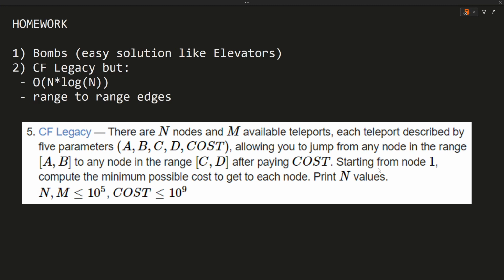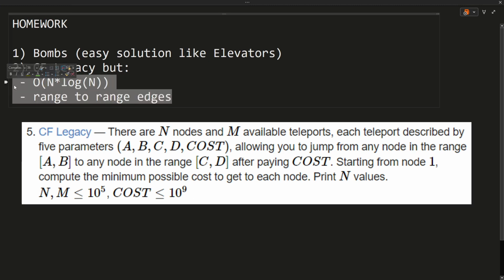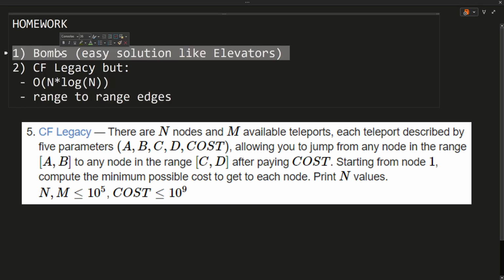Starting from node 1, compute the minimum possible cost to get to each node, which means run Dijkstra, but the edges are more complicated. The Codeforces problem can be solved in a time complexity that is slightly worse than this, and it only has more limited edges or teleports. Next time we will discuss this with those challenges, and we will discuss bombs.